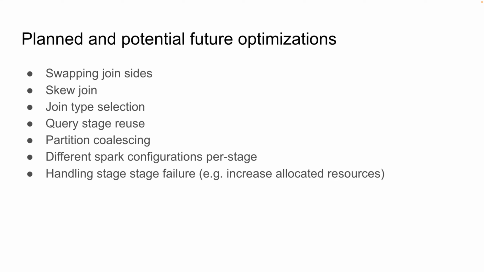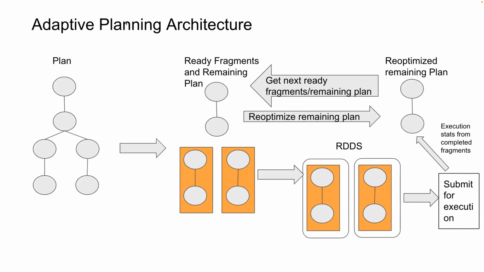Rebecca, I have a quick question. When you say all the leaf stages, submitting those leaf stages to Spark for execution, and then collect the runtime stats. So all those runtime stats will be collected and stored somewhere and then the scheduler will be smart to change the execution strategy. Is that the whole plan? I guess that's from the previous slide.